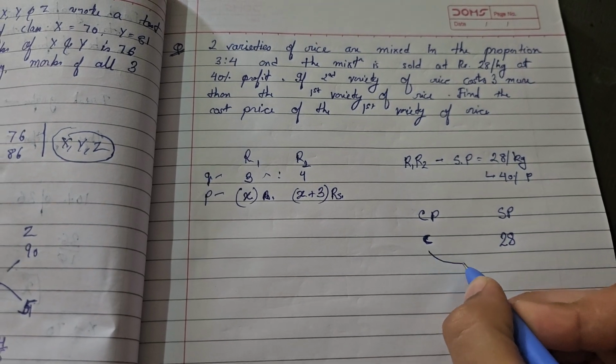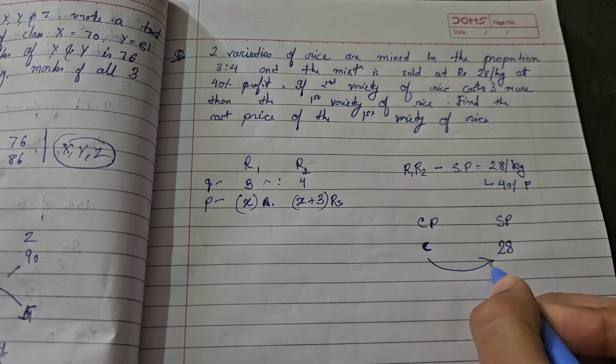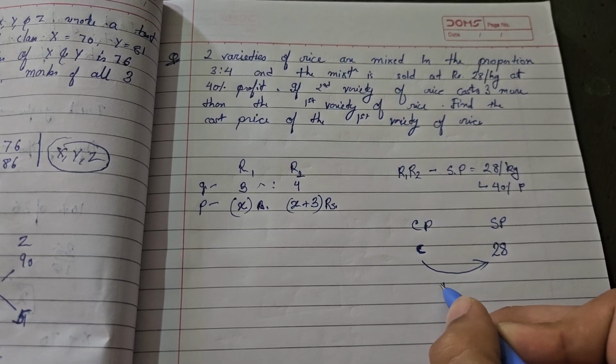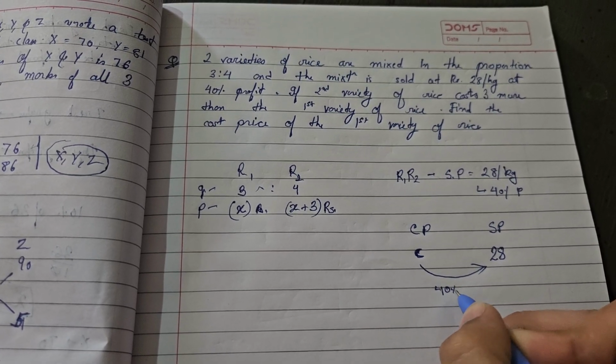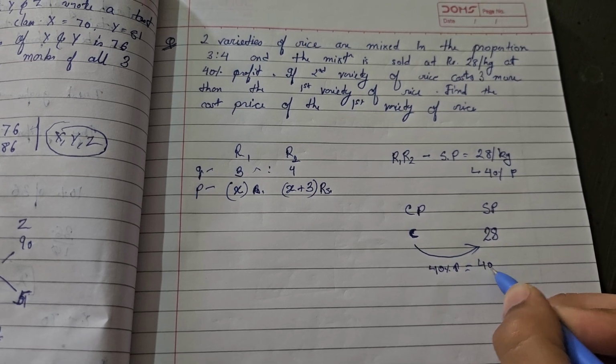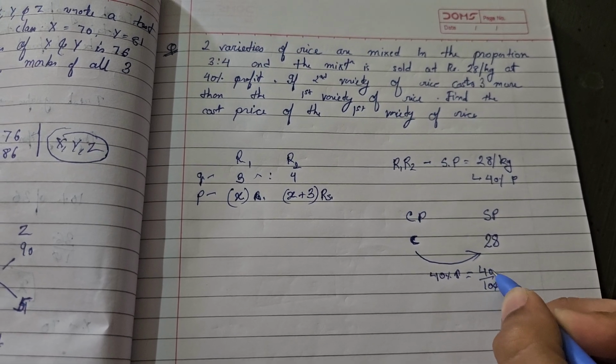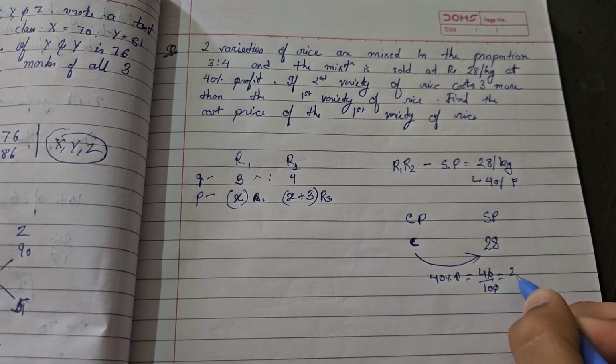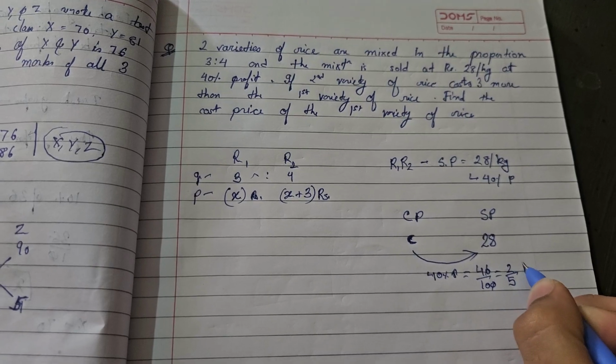We're selling at a profit of 40%. Now this 40 can also be written as 40 by 100. If I cancel this, I get 2 by 5. So 2 by 5 profit.